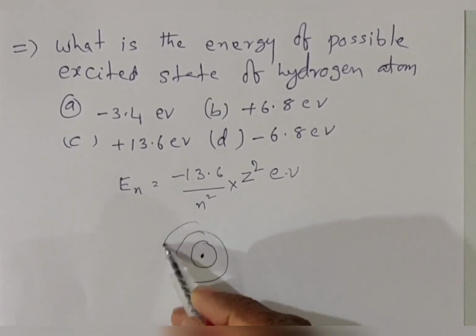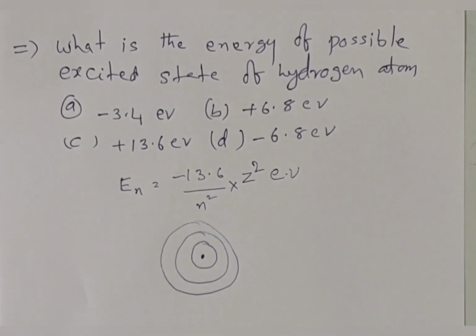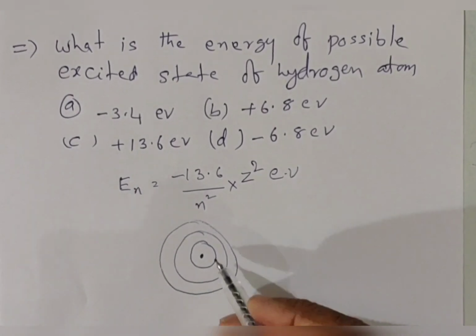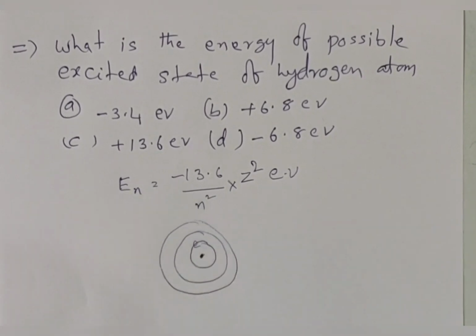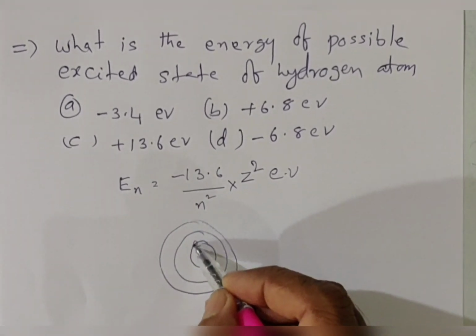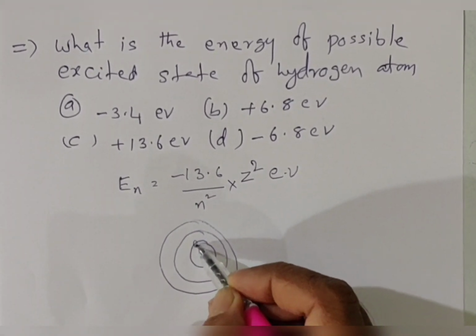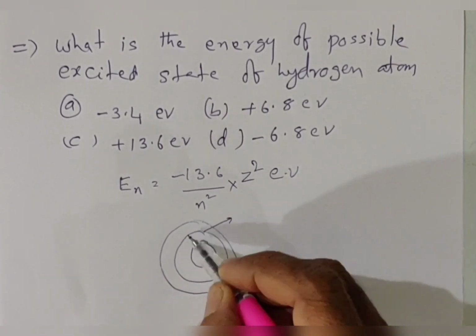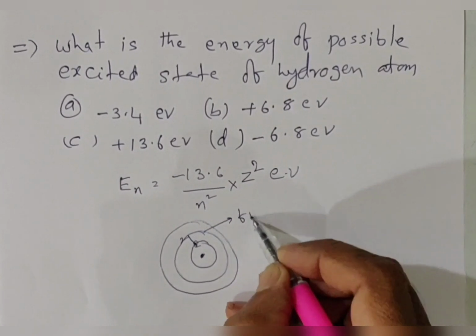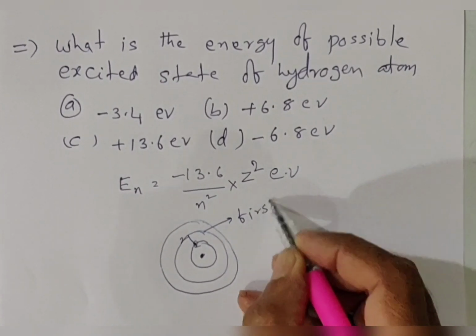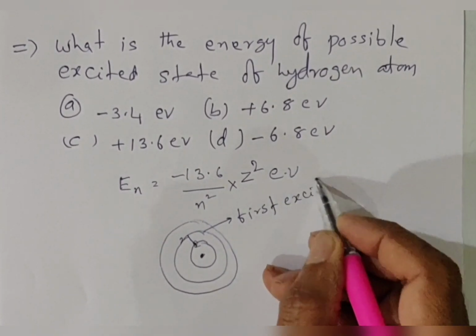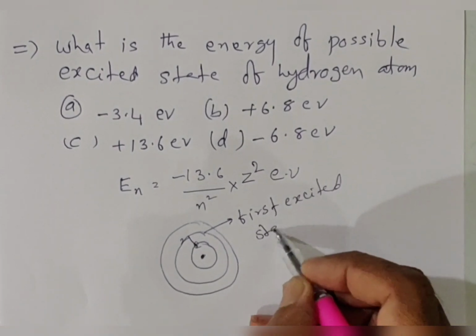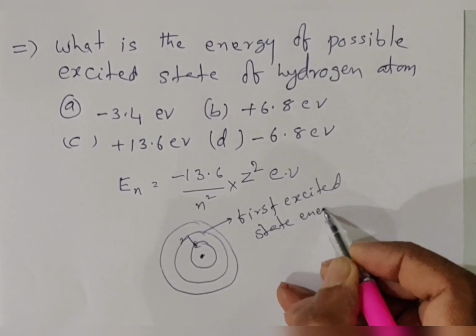Here in this problem, the possible excited state means, you see this is the ground state, second orbit, third orbit. Now here the electron is in this orbit. When the electron in excited state jumps to the next orbit, it is known as first excited state energy level.